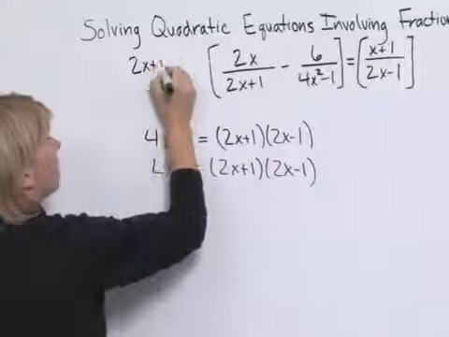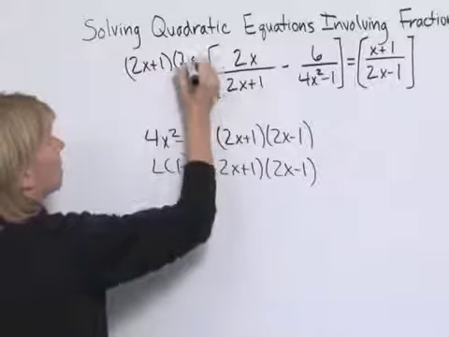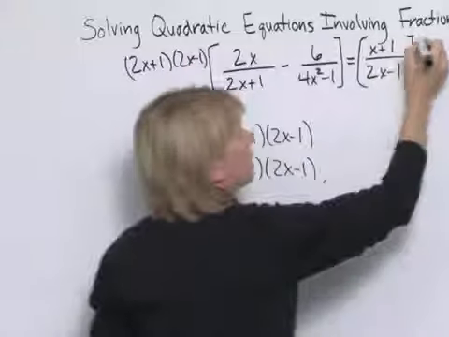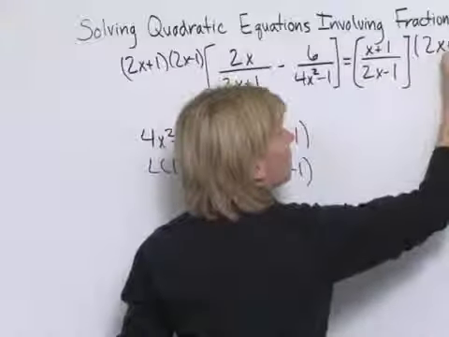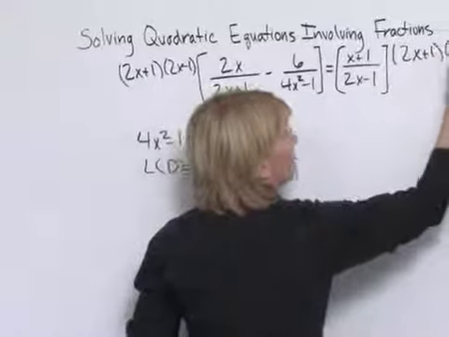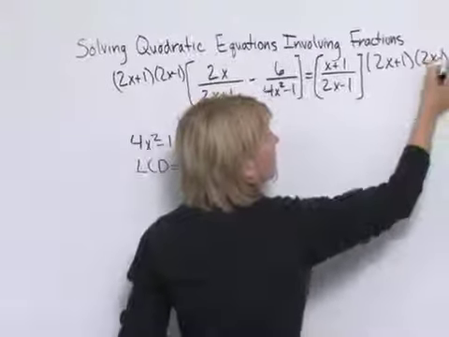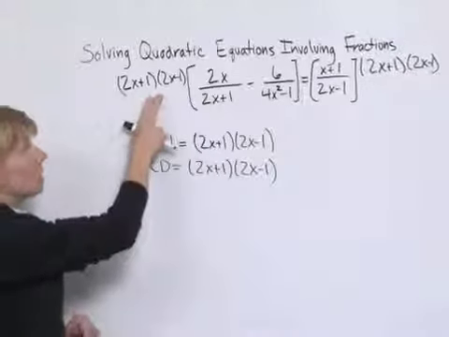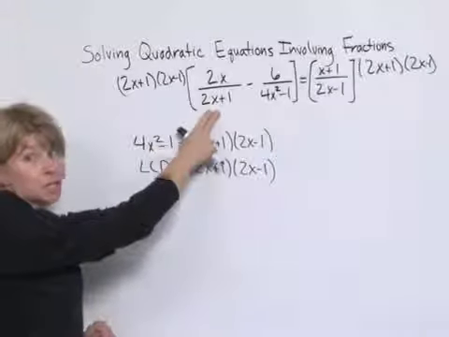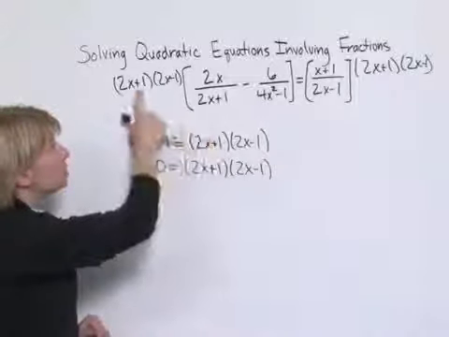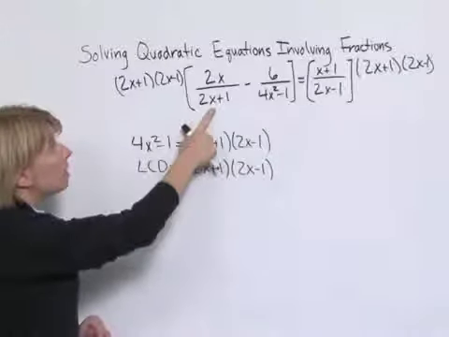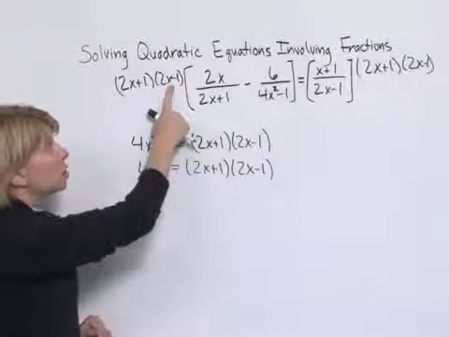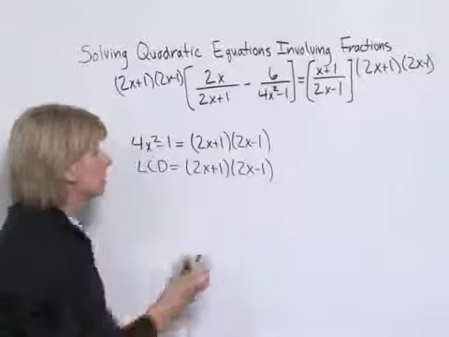So multiplying the left by the LCD, multiply the right side by the LCD, so taking the LCD times the first fraction, our 2x plus 1 divides out, leaving us with 2x minus 1 times 2x.